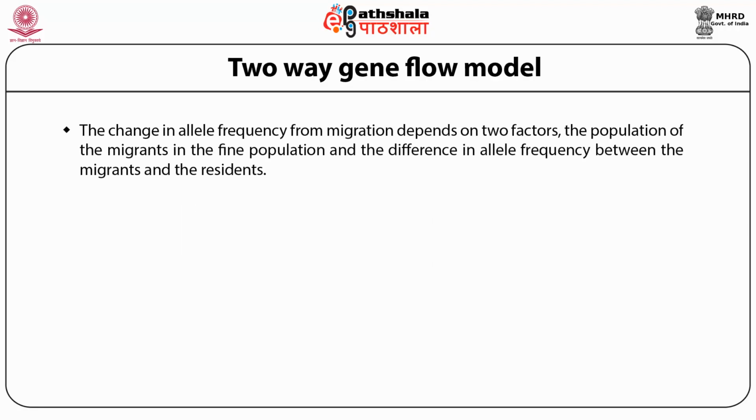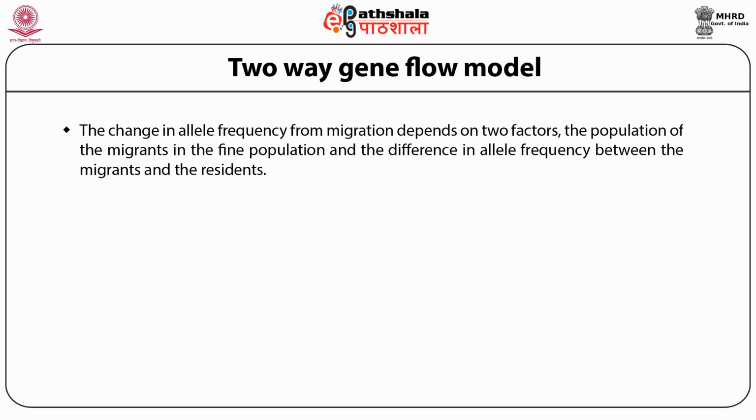So the change in the allele frequency from migration depends on two factors: the population of the migrants in the final population and the difference in allele frequency between the migrants and the resident. If no difference exists in the allele frequency of migrants and the resident, then we can see that the change in allele frequency is zero.